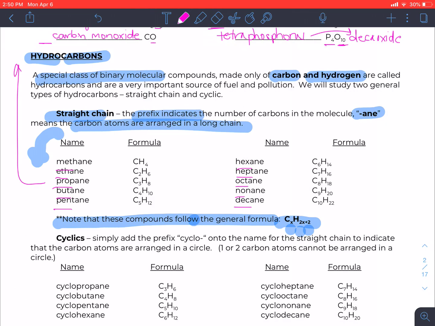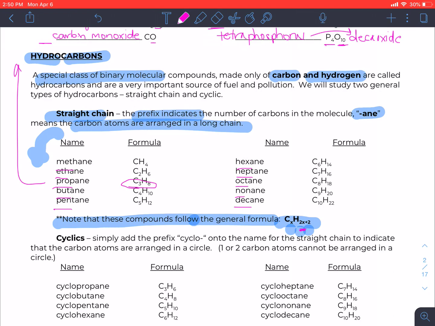Now let's look at the pattern real quick. So CxH2x+2, whatever your prefix is. So for example, prop means 3. You would plug in the 3 for x, and then plug in the 3 for x here as well. So 2 times 3 is 6, plus 2 more is 8, and that's how we get the propane formula, C3H8.